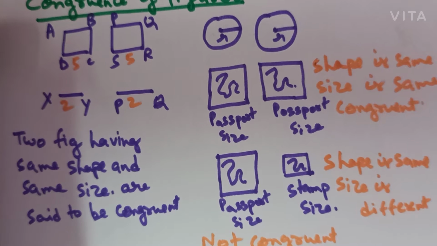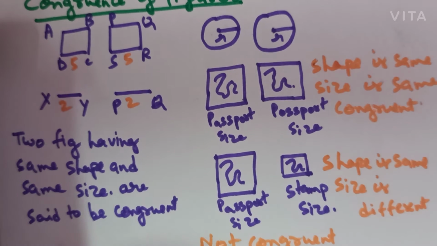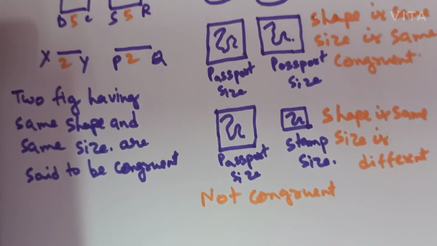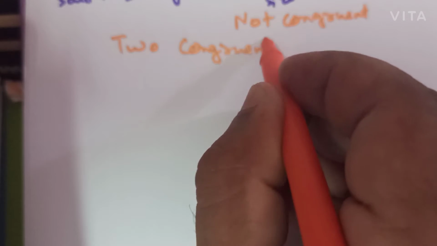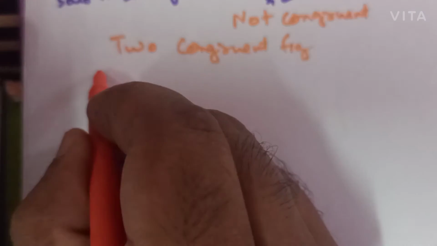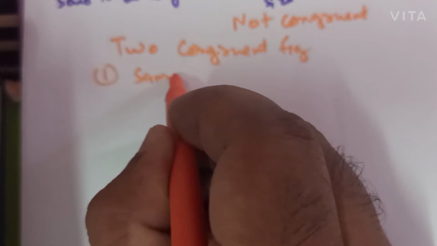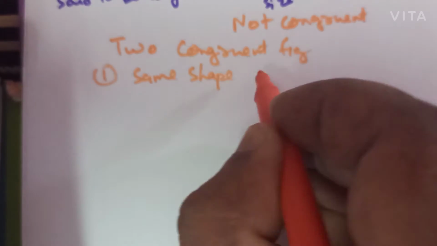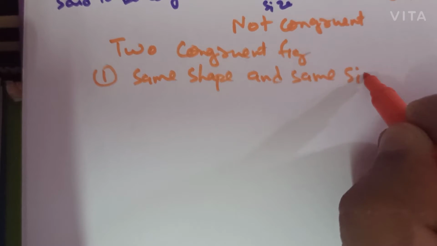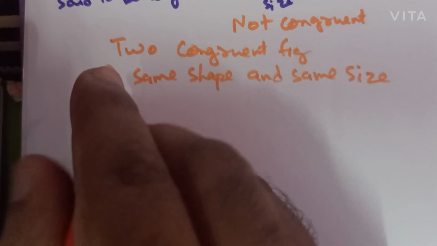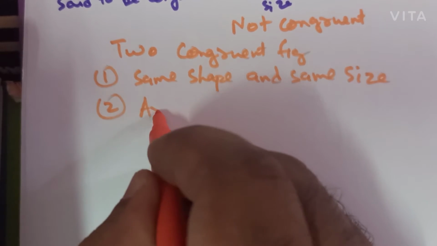Now I hope you have understood the concept of congruence of figures. One more thing to note: if two figures are congruent, then two congruent figures will have the same shape and the same size, and if the size and shape are the same, their areas will also be equal.